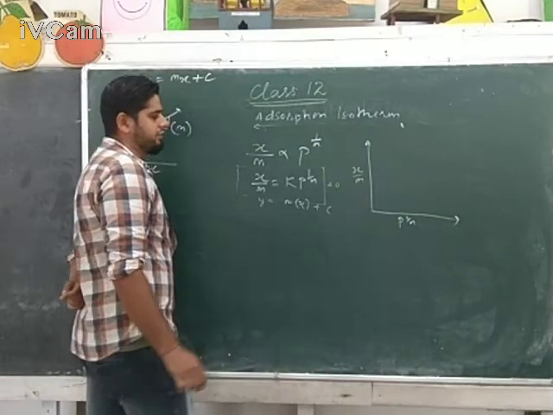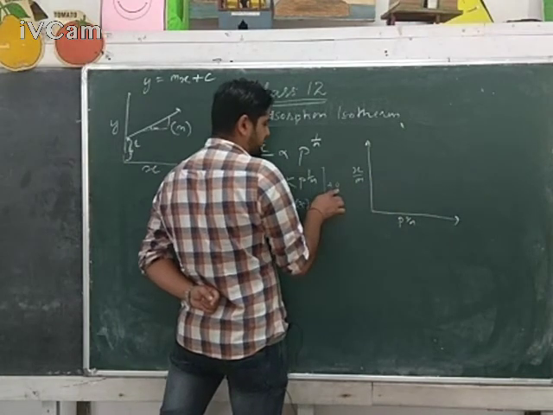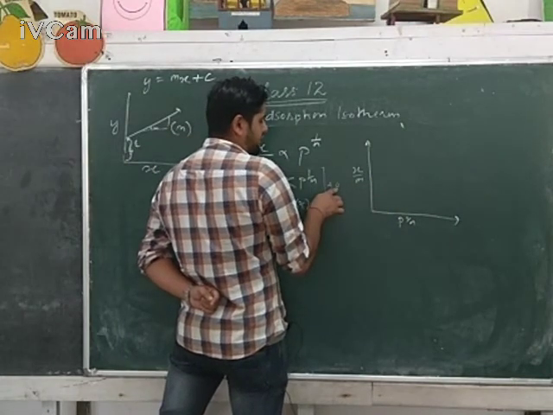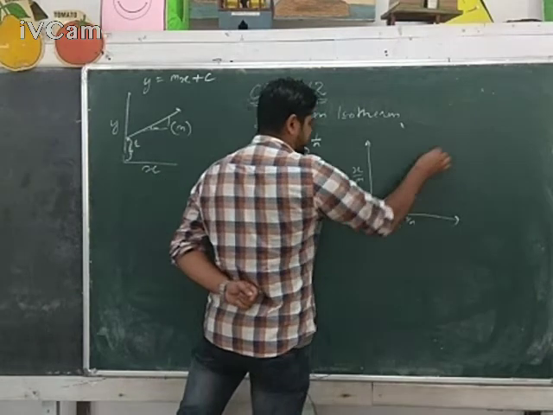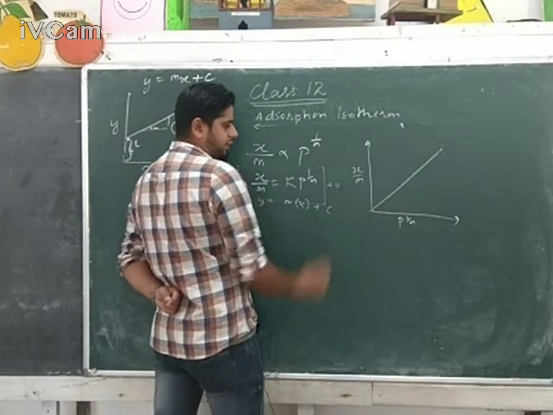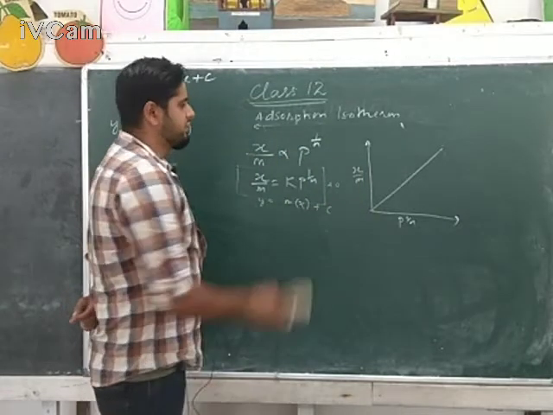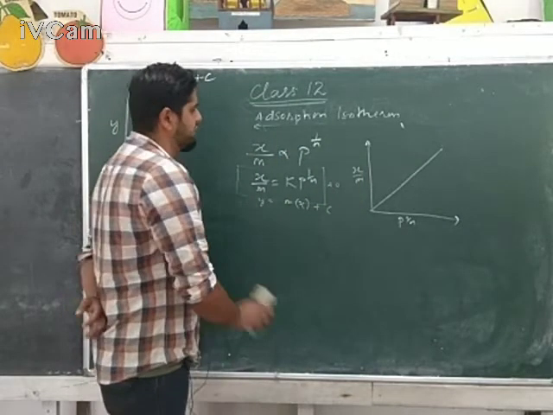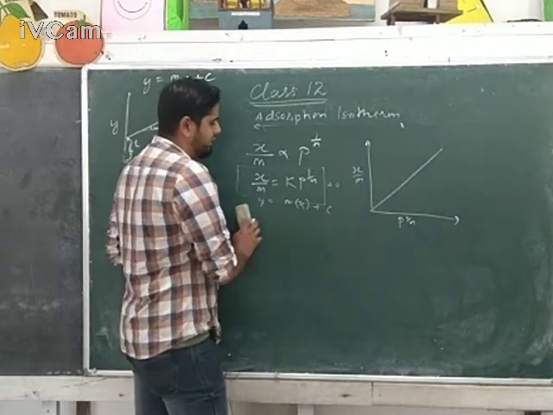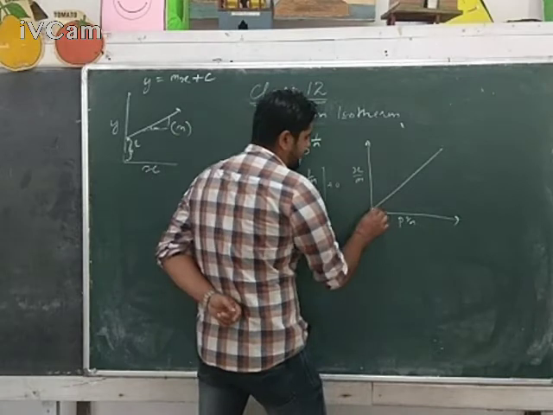The graph will start from 0 because c is 0. So this is the graph for adsorption isotherm. Since this is an experimental quantity, we cannot get the exact value, so you can find a graph like this.